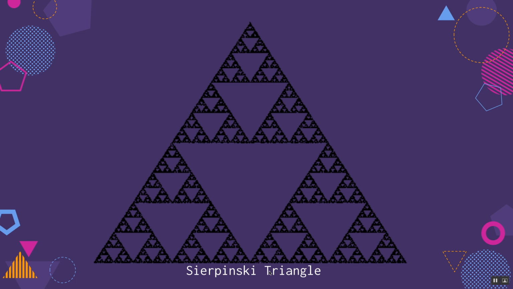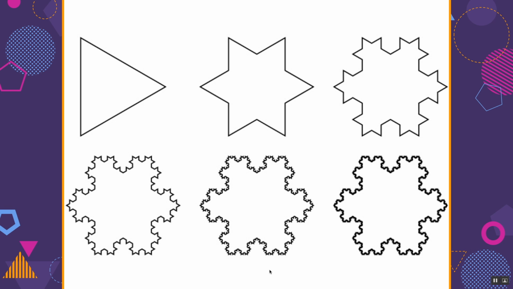In the Sierpinski triangle, the same pattern can be observed at any level of magnification. Another popular example of a fractal is something called the Koch snowflake, which starts as an equilateral triangle and then replaces the middle third of every segment with a pair of lines that forms an equilateral bump.